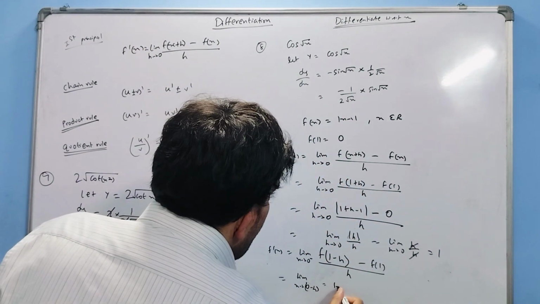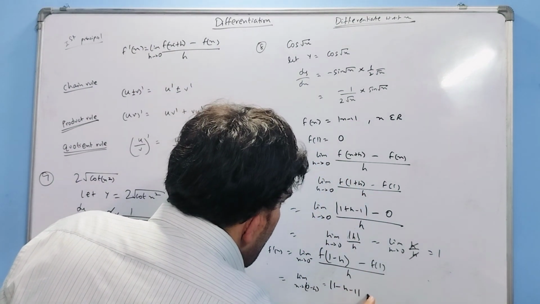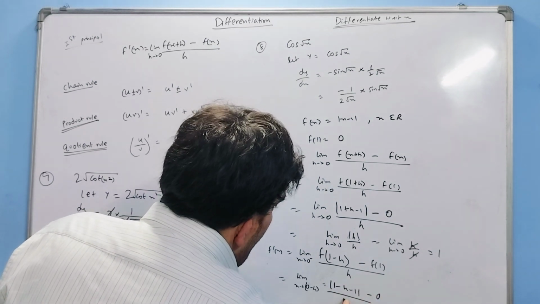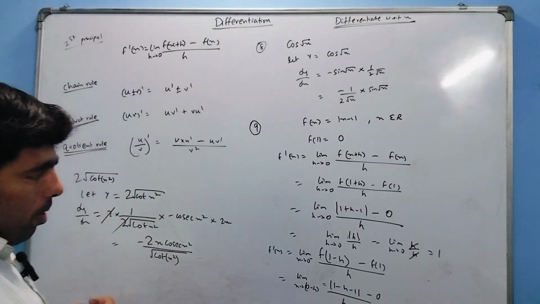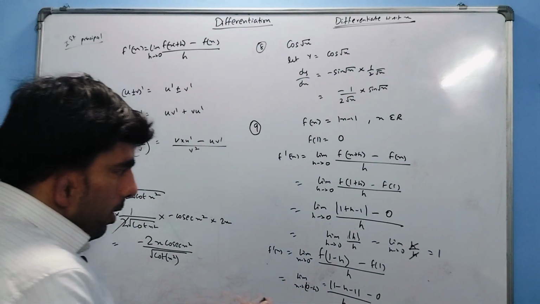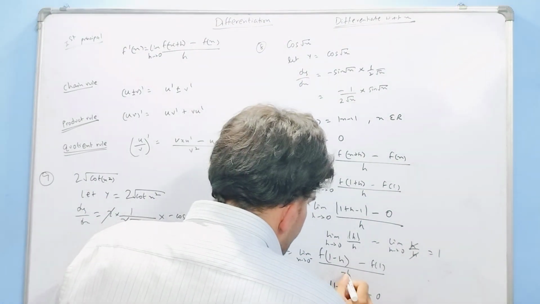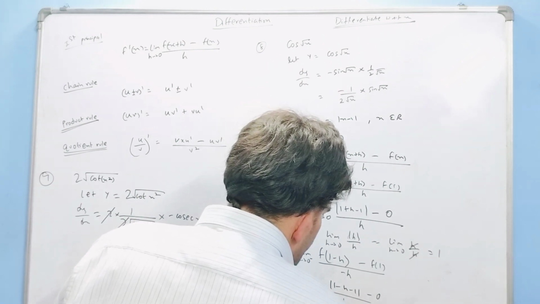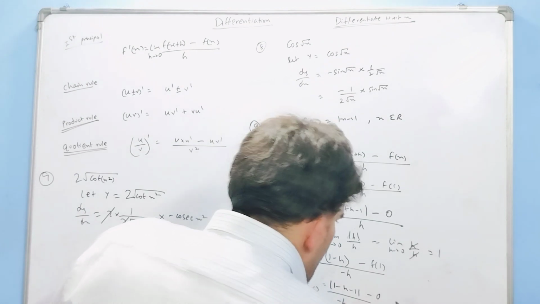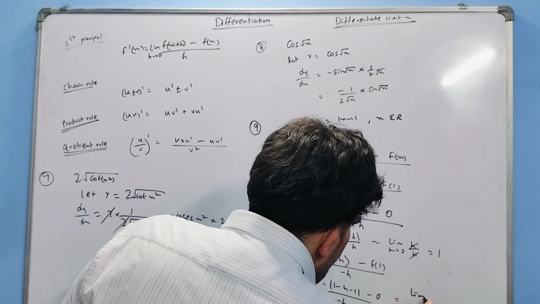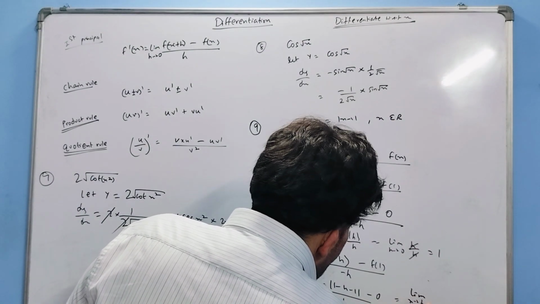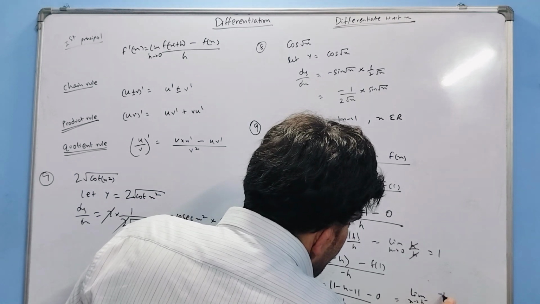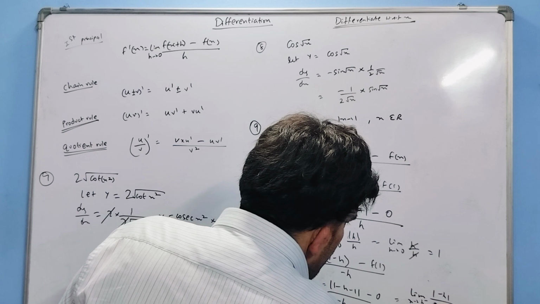So we'll have 1 minus h minus 1, minus 1, same condition here, upon h. Negative I am applying here, so it will be negative h, minus h. So we'll have minus h upon minus h.